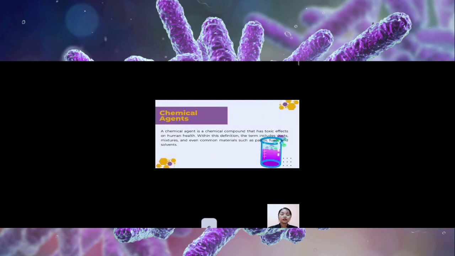Okay, so let's go to the chemical agents. A chemical agent is a chemical compound that has toxic effects on human health. So, dangerous din siya para sa tuang mga people. Within this definition, the term includes dusts, mixtures, and even common materials such as paints, fuels, and solvents.